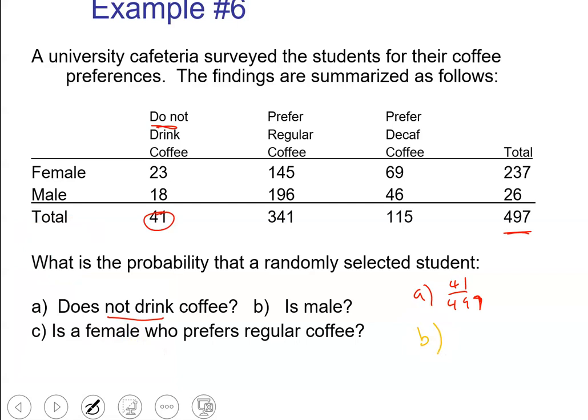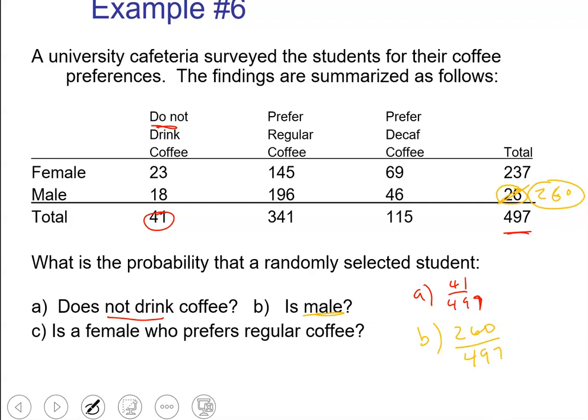What about B? What is the probability, selecting at random, that they're male? In this case, the total number of males is 26. Oh, actually, I think that is wrong. Because right here, that's 18. Yeah, those should be 260. If I added that up, yep, that looks right. So it should be 260 out of 497. That was just a typo.